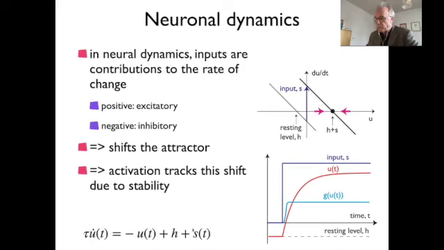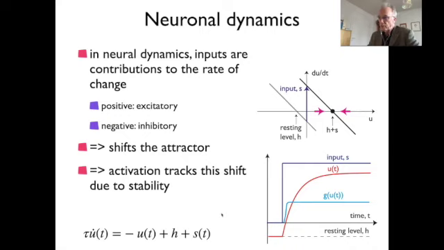So, for instance, if I have an input, I'm writing this as a time function because this could maybe come from the sensory surface ultimately, and maybe by turning on or off the light or changing something in the environment, I could vary the activation that arrives at a particular population I'm looking at in a way that is dictated from the outside. It's an explicit function of time, while u evolves as a function of time just because it is a solution of this equation. So this is autonomously generated while this is imposed from the outside.